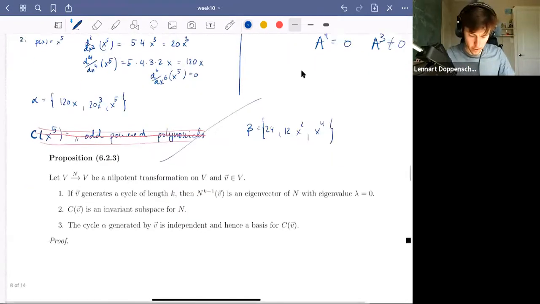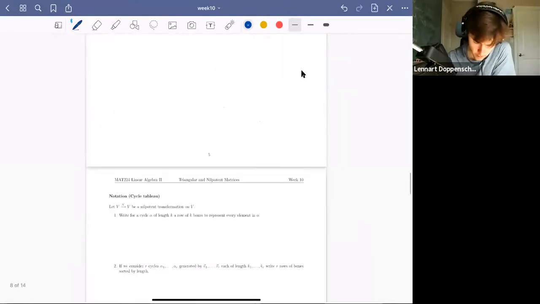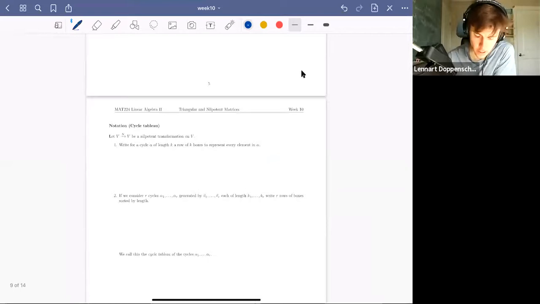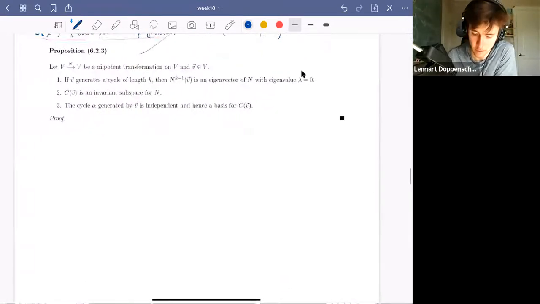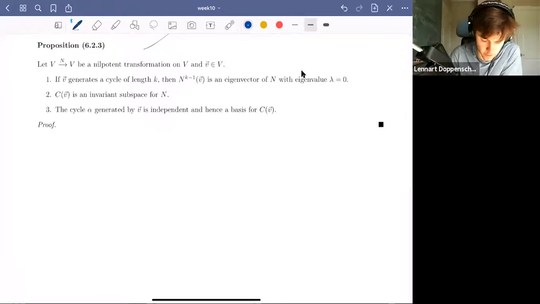Okay, so let's look at this proposition, and maybe I want to get to the notation of cycle tableau before we end, because that's something you might have to see twice, at the end of this and the beginning of next week. So the proposition, which we're not going to prove, I suppose, says the following, and this is actually already part of the discussion.